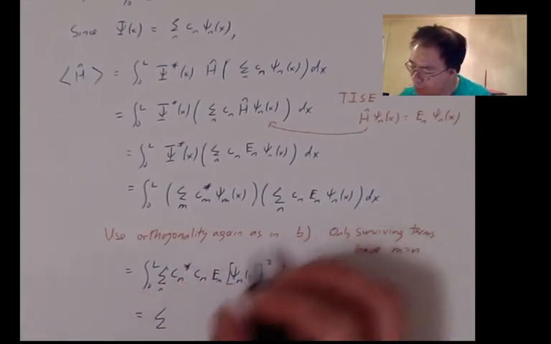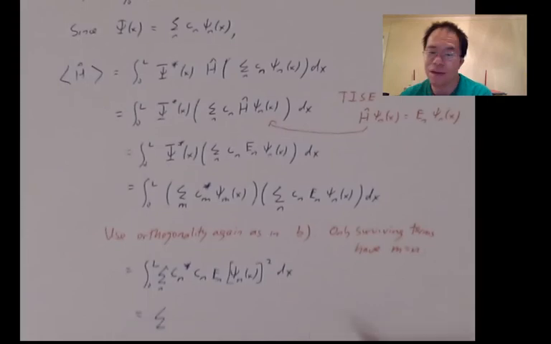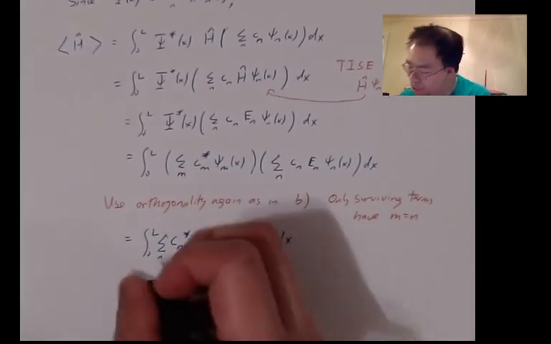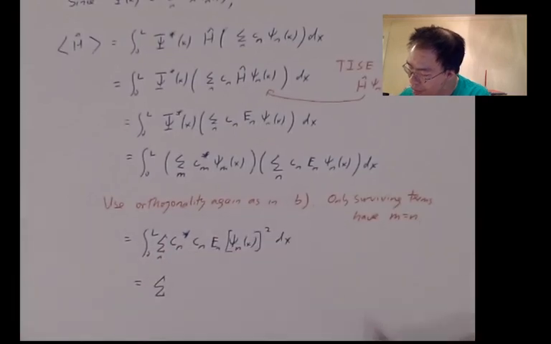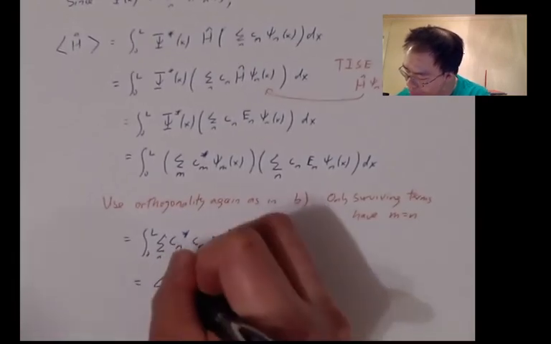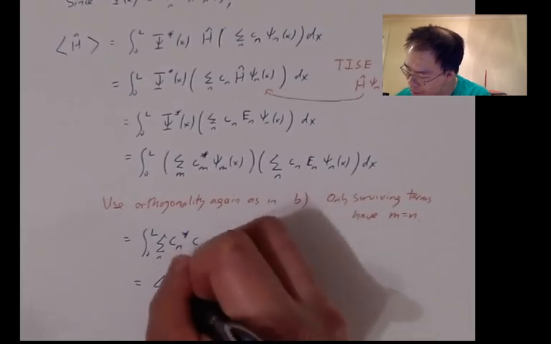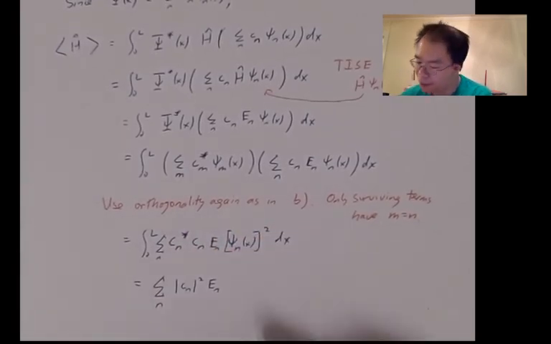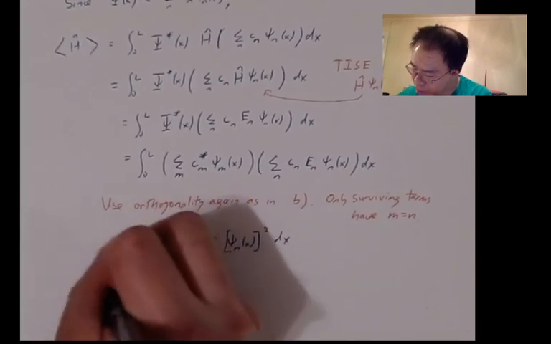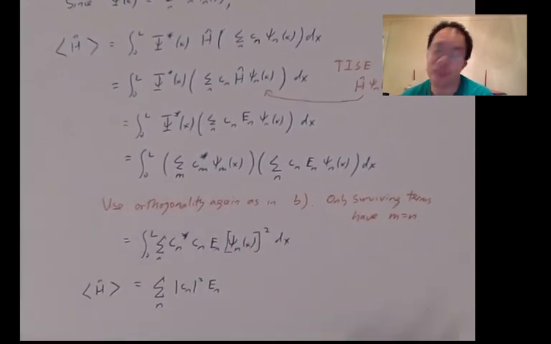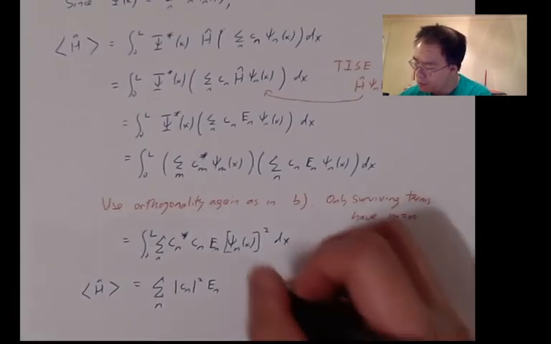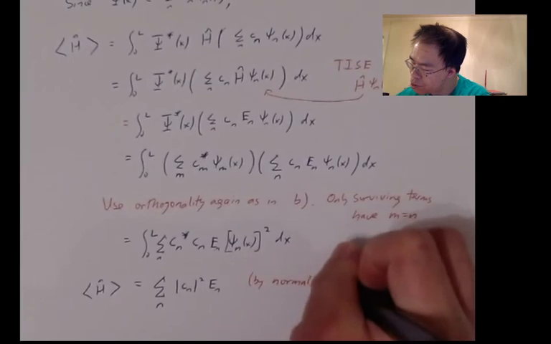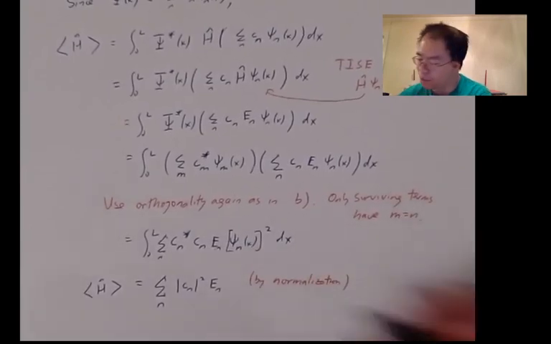And then I'm left with the integral of psi sub n squared, which, because the stationary states are normalized, now just reduces to the modulus of c sub n squared times E sub n. And that's exactly what I wanted to show.